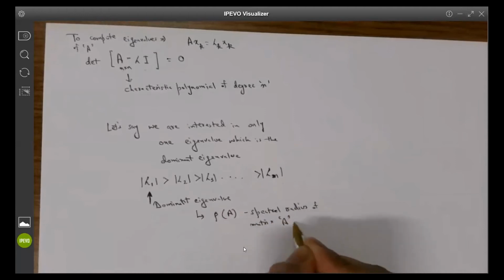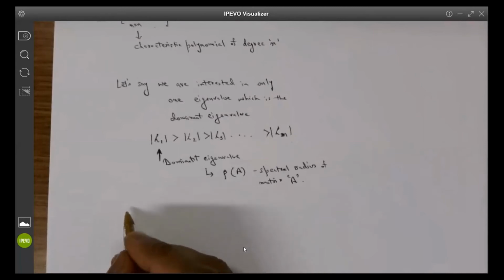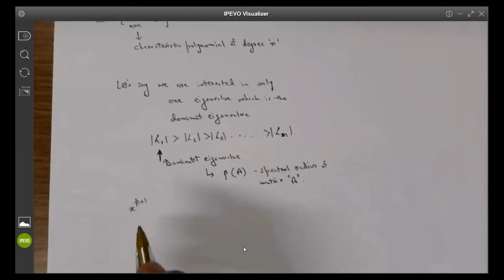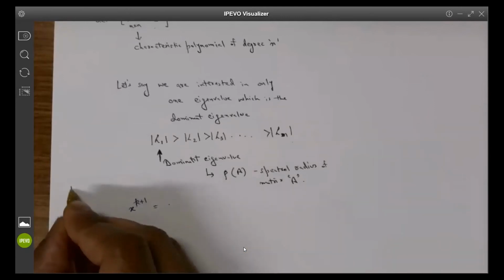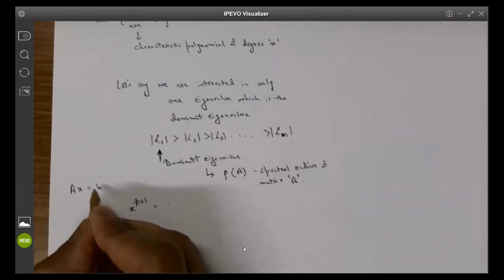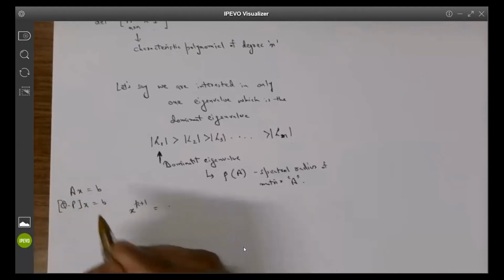And for any linear systems which are iterative systems, for example, if you remember our Gauss-Seidel iteration and Jacobi iteration technique, we were basically using Ax equals b, where A is decomposed as (Q minus P) x equals b.